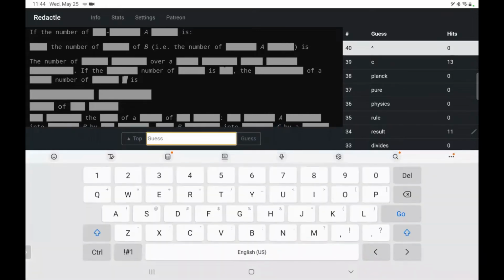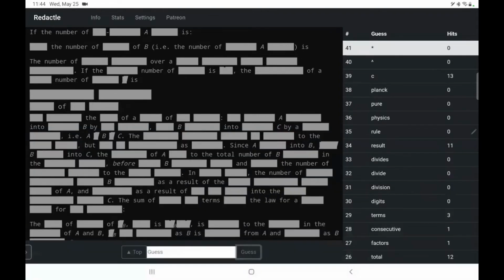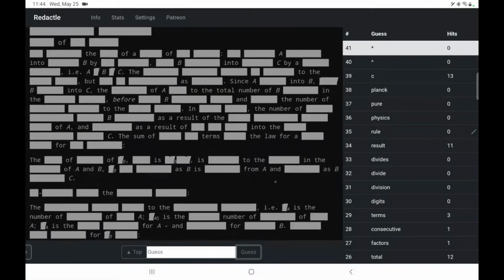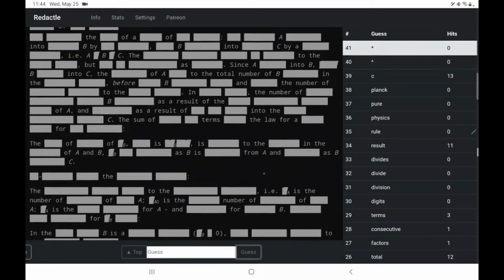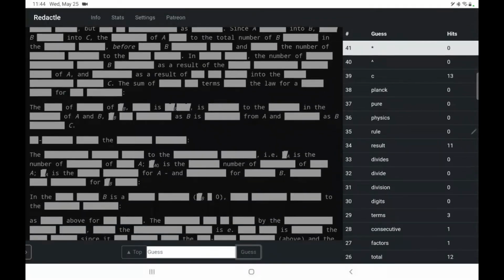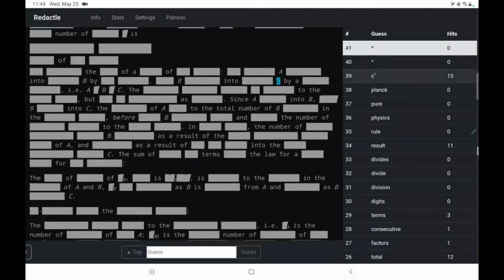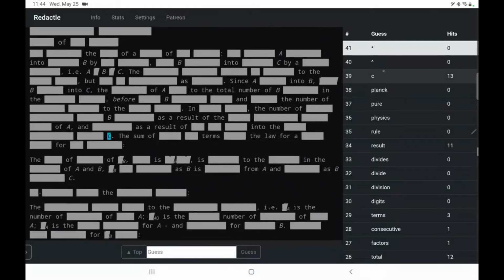No. Maybe A multiplied by. I'm not sure if it's going to be able to find those. In fact, I think it should show those clearly. Anyway, let's go back and look at our C's.